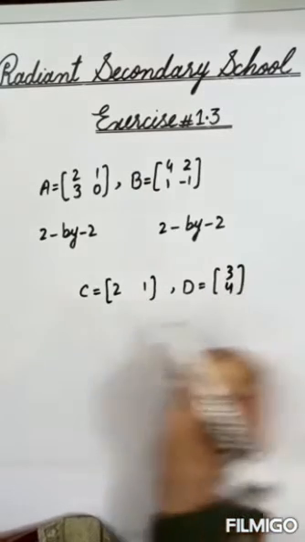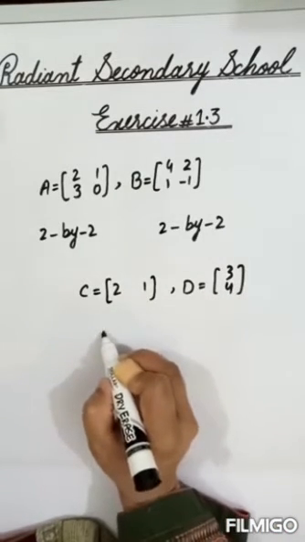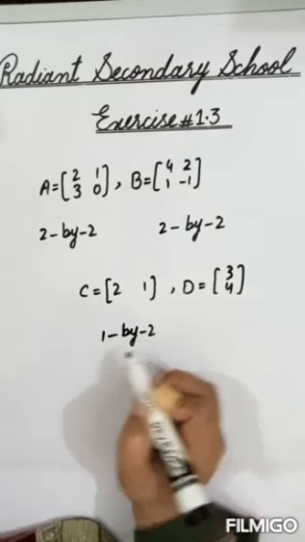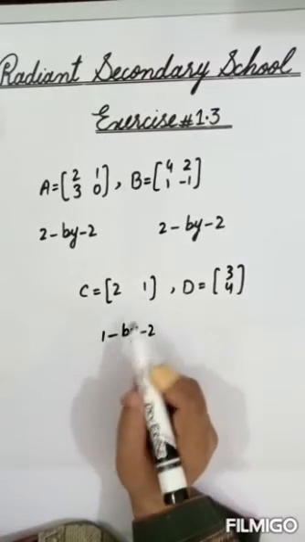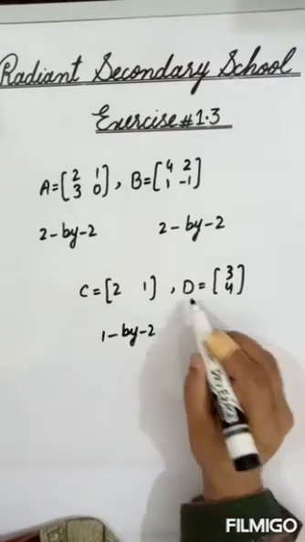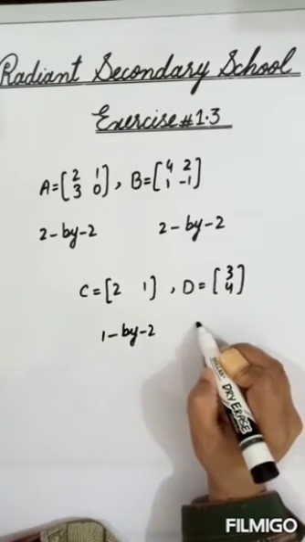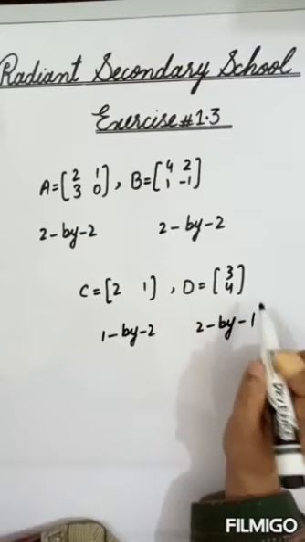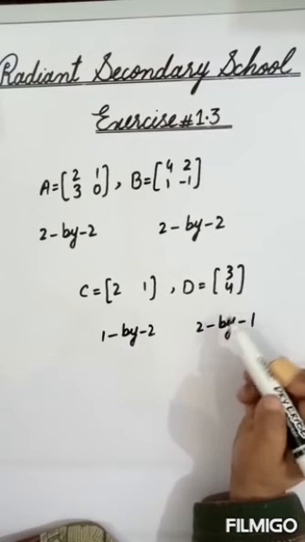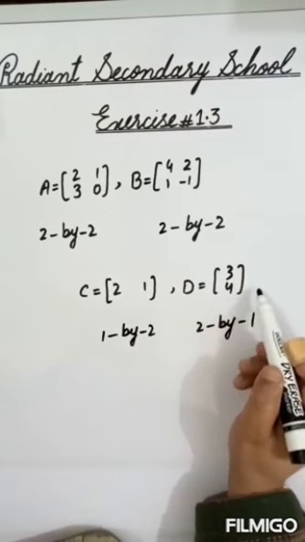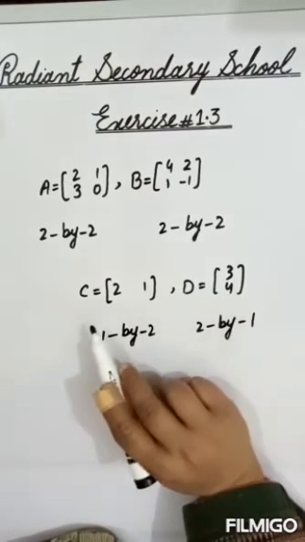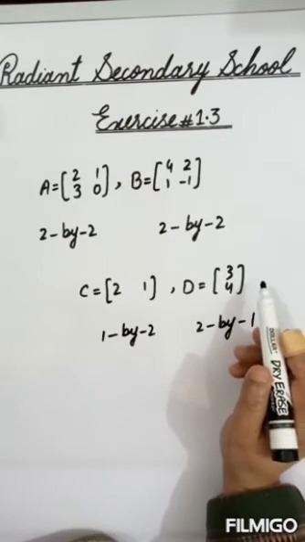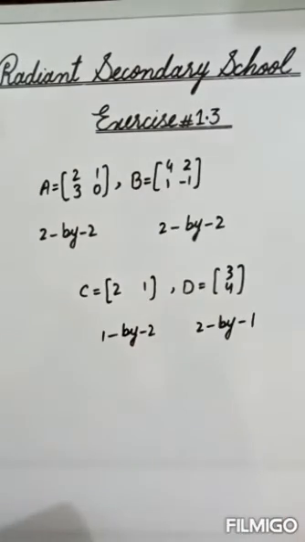Now the order of the matrix C is 1 by 2 because it has 1 row and 2 columns, and the order of D is 2 by 1 because it has 2 rows and 1 column. Now students, look at the order of C and D. Both are not the same, so we can't add C and D.